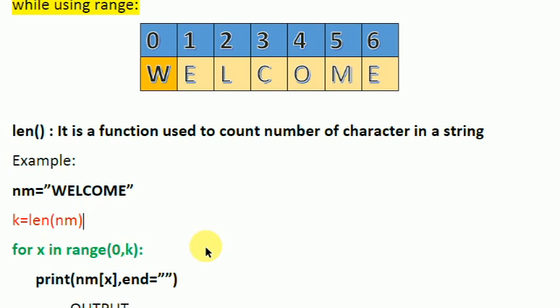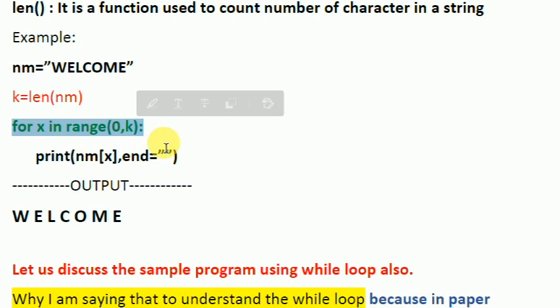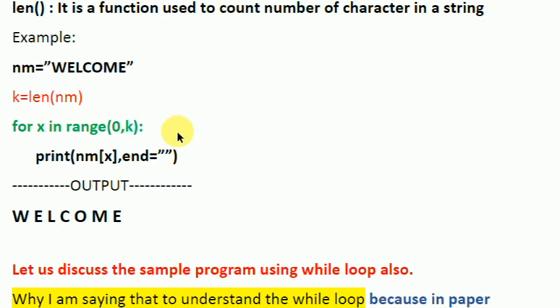You already know that when we write that inside the range, where the value is inside k, it automatically runs, but the last value is going to be deducted by 1, meaning k is going to be 7, so it will execute up to 6, but the starting index value is going to be 0.